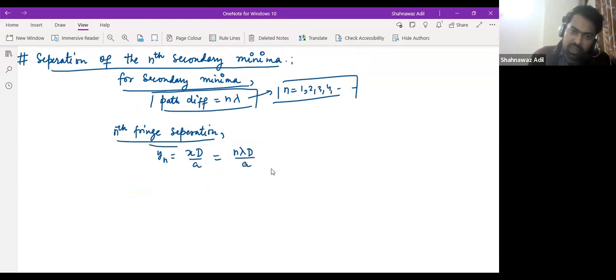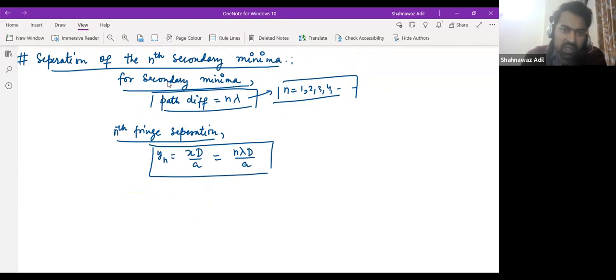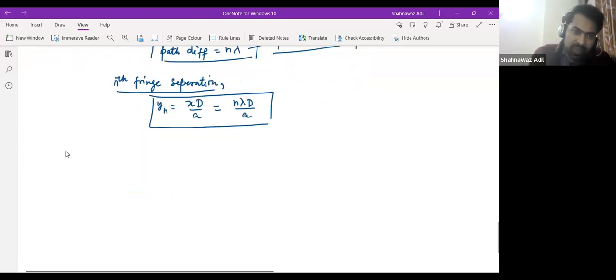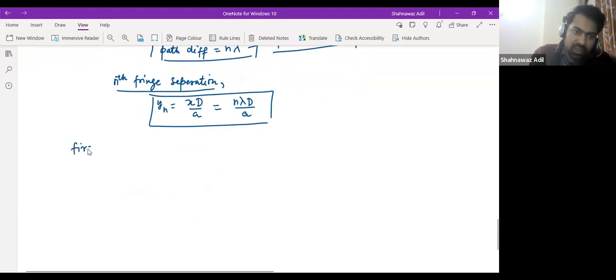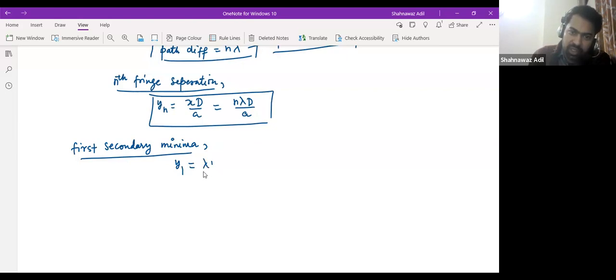So this is the nth fringe separation. So if we calculate the first secondary minima, that would be y1, so that would be lambda d by a.